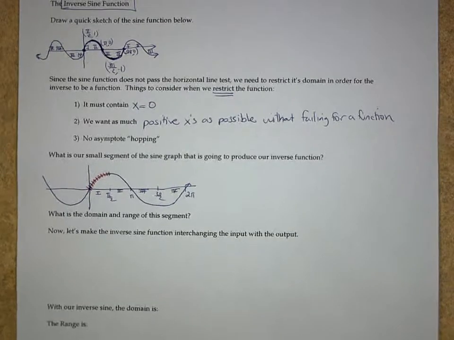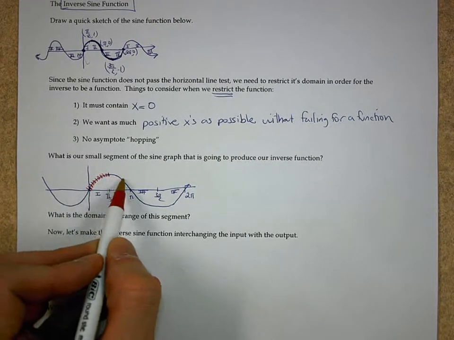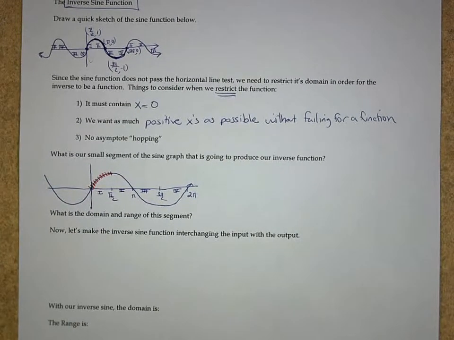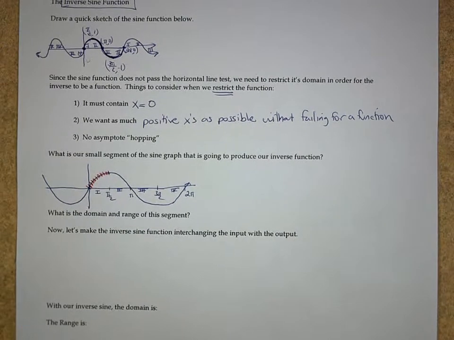You can see at that point, once I pass pi over 2, I'm going to start coming back down, which would fail the horizontal line test, because then if I drew a line through here, it would cross here and there. So I know that in order for my inverse to be a function, I've got to limit myself from 0 to pi over 2.